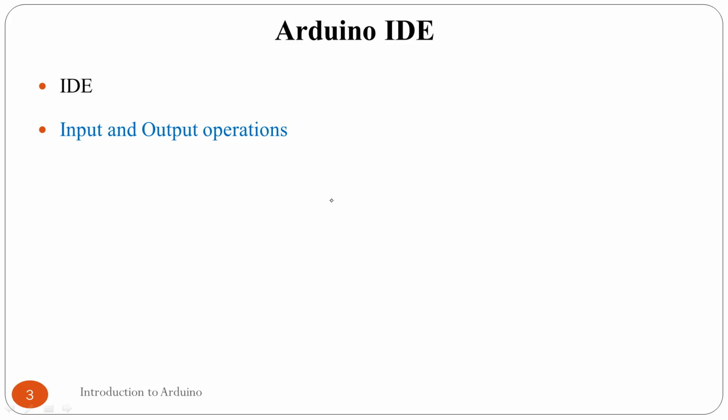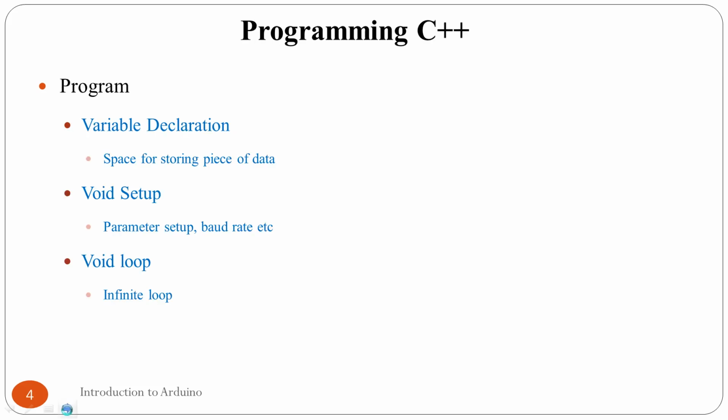Now, in this session, I will explain the programming part related to Arduino. So in Arduino, basically we write programs with the help of the C++ programming language. Okay, and there are three important parts in Arduino programming. Okay, so the first thing is variable declaration. This is used for storing a piece of data.